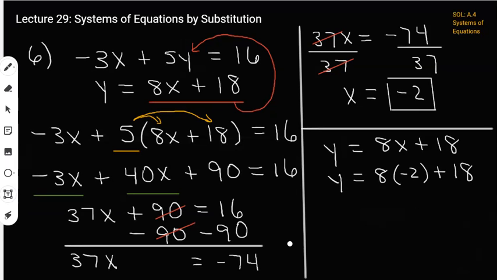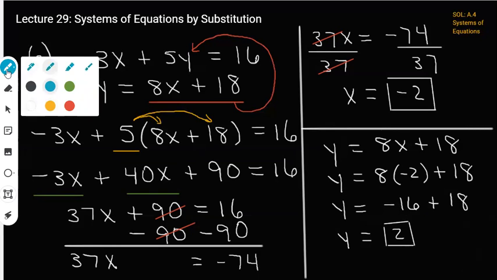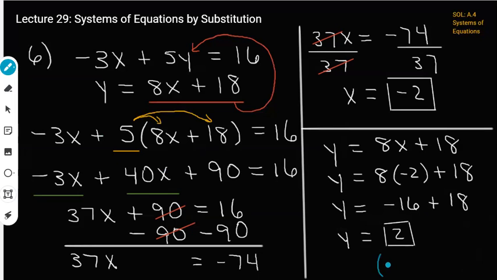So now I've got 8 times negative 2. That's negative 16. And if you add that to 18, you're only going to get positive 2. So that's going to be my answer for y at least. And then my ordered pair is going to be -2, +2.